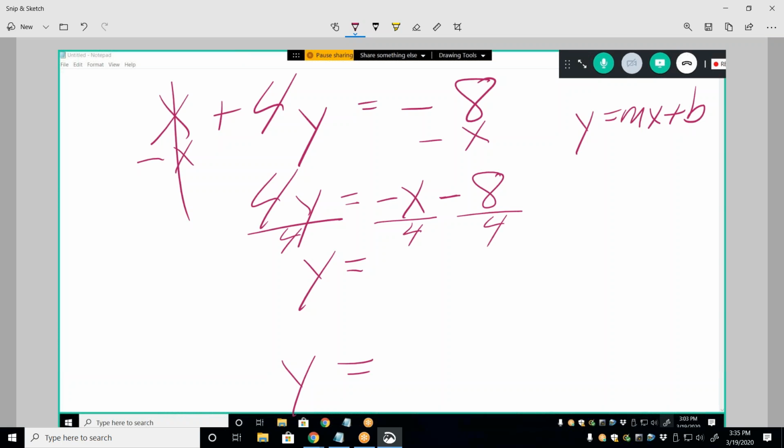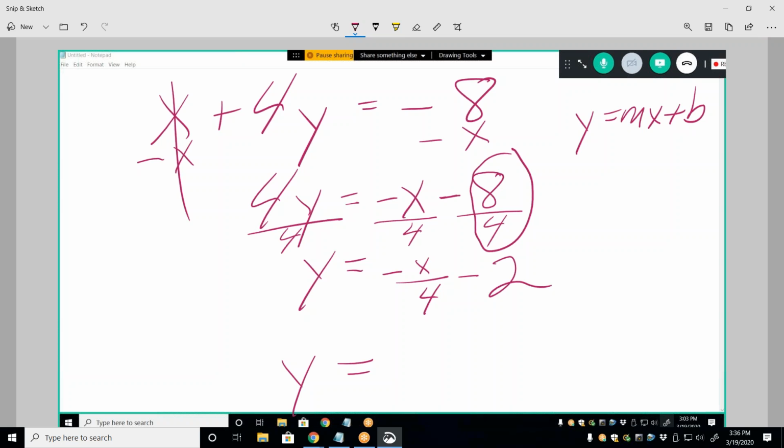So what I'm left with is minus x over 4 minus, what's this? Negative 4. What's 8 divided by 4? 2. And I already put the minus sign down, so I can do just the 8 over 4.